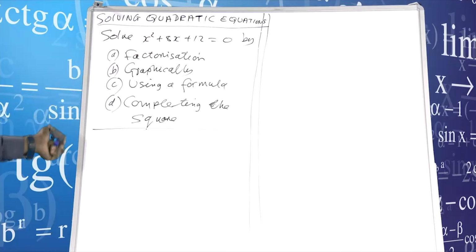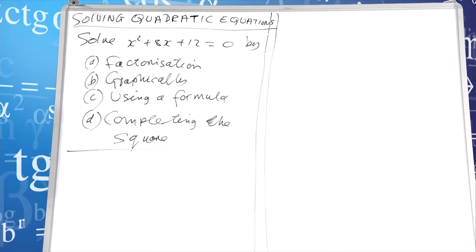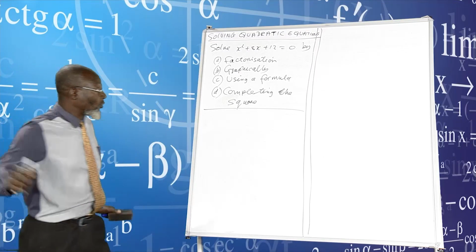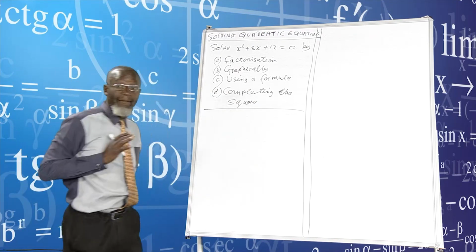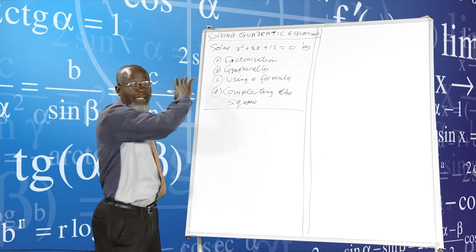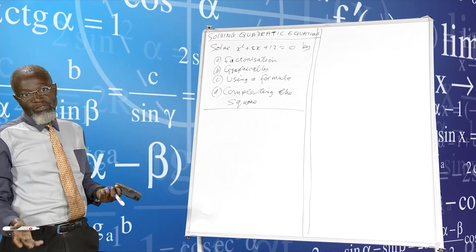So we can use all those four methods to solve. You can use any one. You can solve by completing the square, or using a formula, or graphically, or by factorization. So you have to know all those.